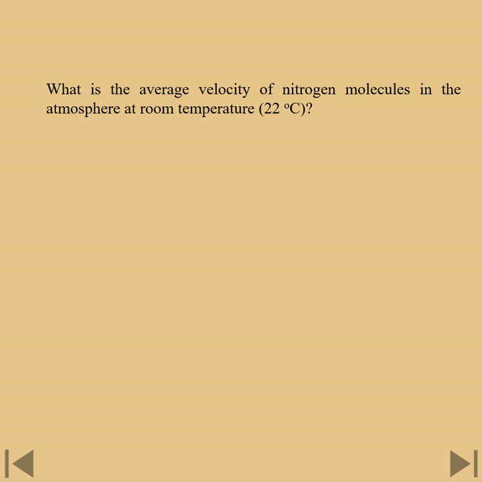Okay, what is the average velocity of nitrogen molecules in the atmosphere at room temperature? Okay, we're going to use our original velocity equation. The velocity of the gas squared is equal to 3RT over the molar mass of the gas. Let's square root both sides to get the velocity by itself.